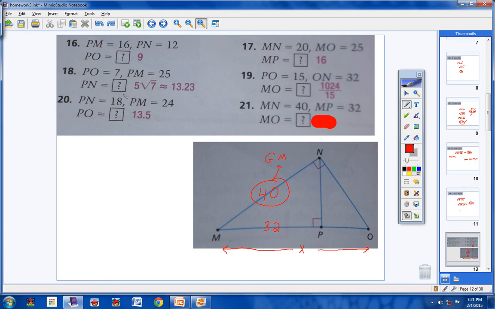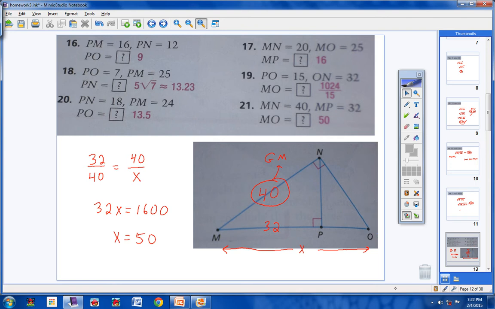So the geometric mean of 32 and x is 40 and 40. Okay, so there we go. Well, 32 times x is 32x. 40 times 40 would be 1600. Now in order to get x by itself, we're going to take 1600 and divide it by 32. Okay, and you're going to get 50 exactly. So the length of x, the length of the hypotenuse, would be 50. Alright, and there we go, 50.